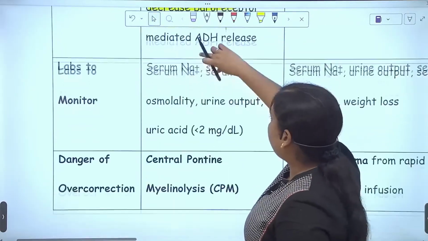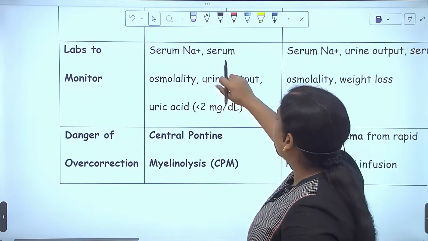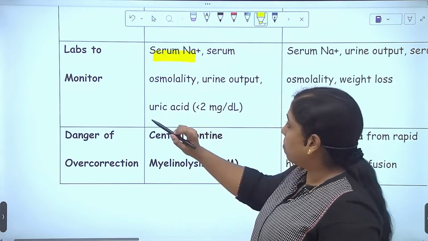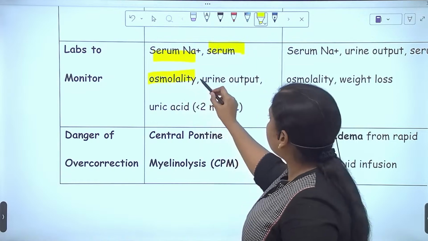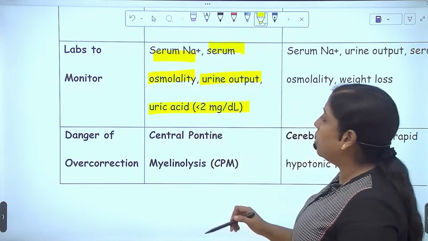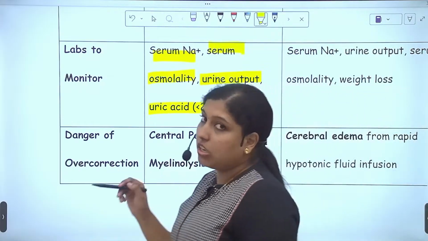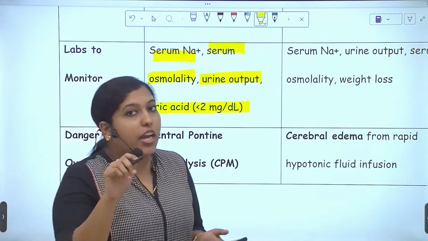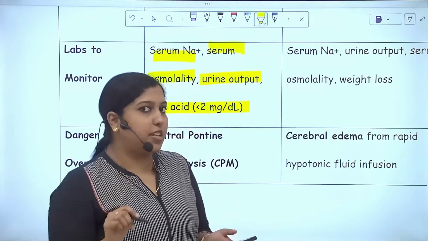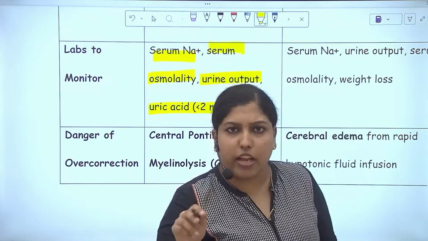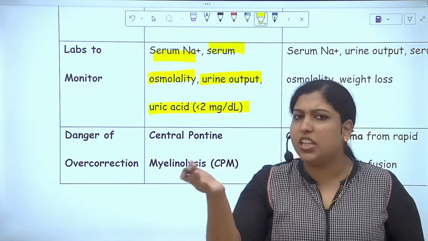Then, in lab monitoring, what are the findings you can see? You can see serum sodium, serum osmolality, urine output, and uric acid reduced. It is very important to note the patient will have hypouricemia in case of SIADH. The patient will have normal creatinine, all the values will be normal, because the problem is only in the water reabsorption.